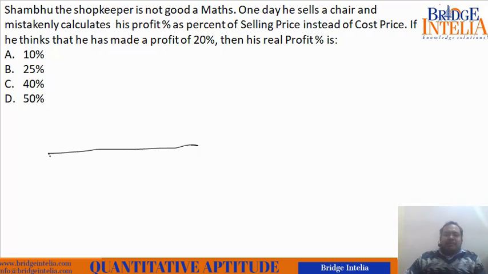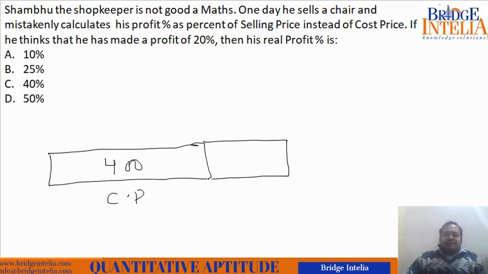Suppose I bought something for rupees 400. So this is my cost price. I earned a profit of rupees 100 by selling that. So this is my profit. It means the selling price is 500 rupees. If you ask a normal person, what is the profit percentage that you have earned?